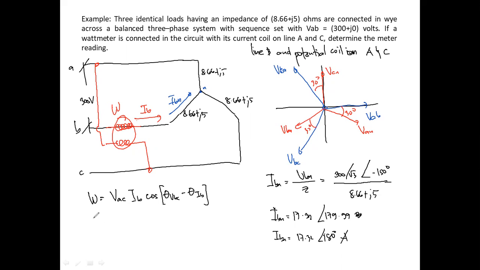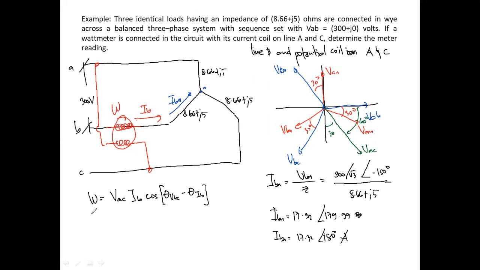So basically, we can now identify, by the way, VAC, that can be plotted, so opposite of VCA. So this is 30, and of course this is 60.